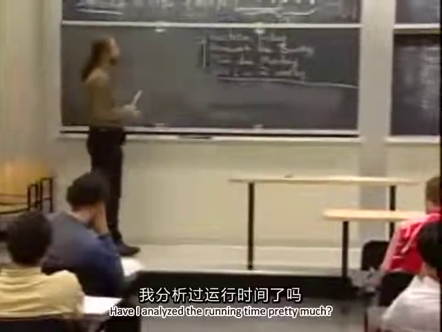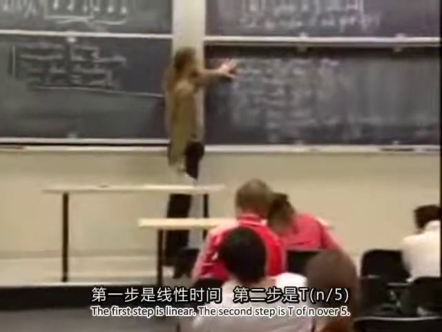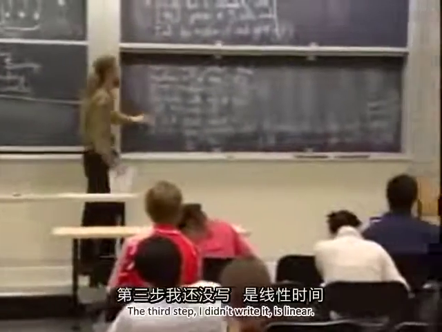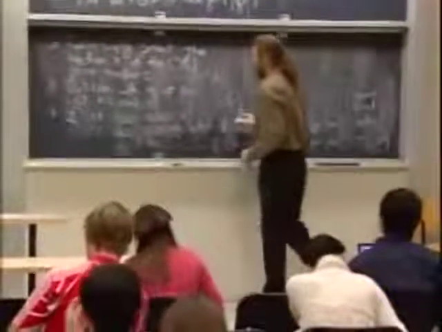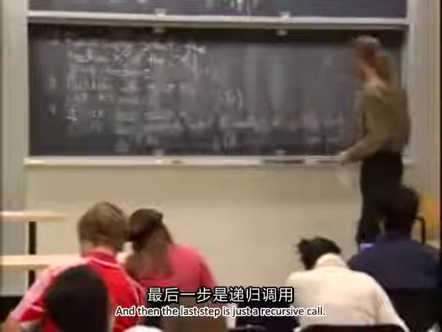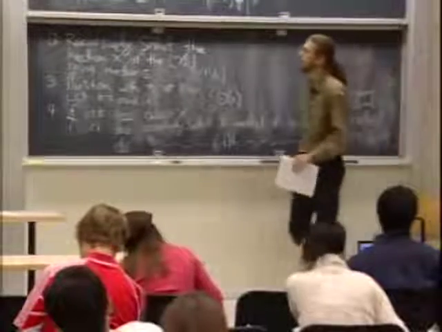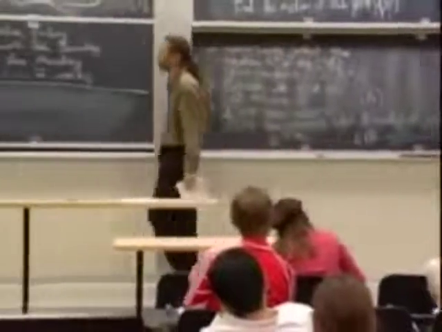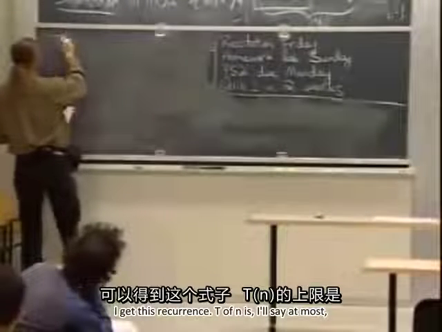Okay, have I analyzed the running time? Pretty much. The first step is linear. The second step is T of n over 5. The third step, I didn't write it, it's linear. And then the last step is just a recursive call. And now we know that this is 3/4. Okay, so I get this recurrence.